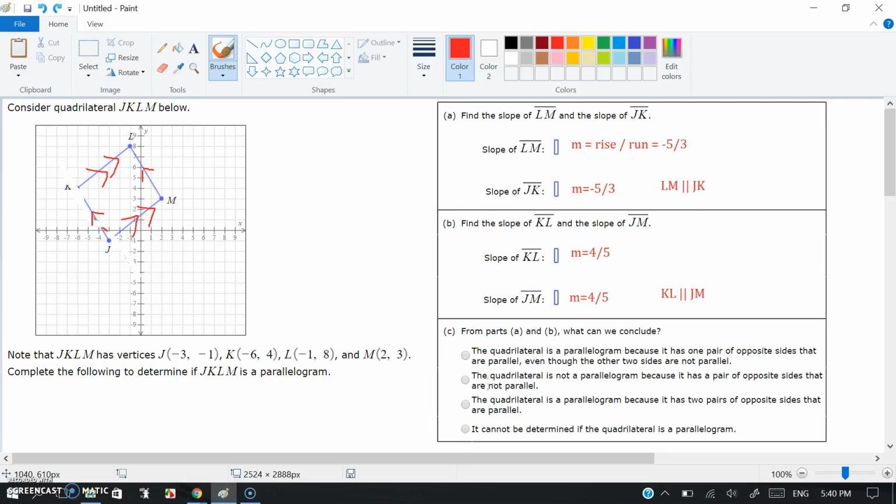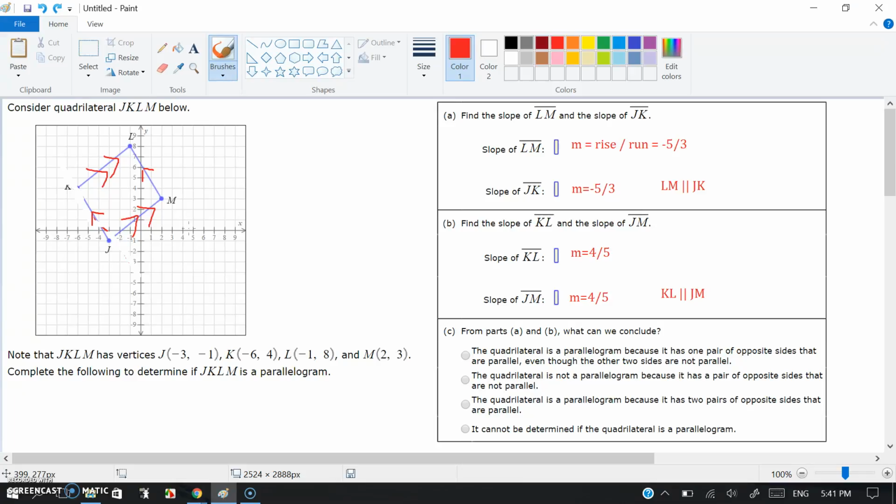The first one says the quadrilateral is a parallelogram because it has one pair of opposite sides that are parallel, even though the other two sides are not parallel. Right now we have two pairs, right?